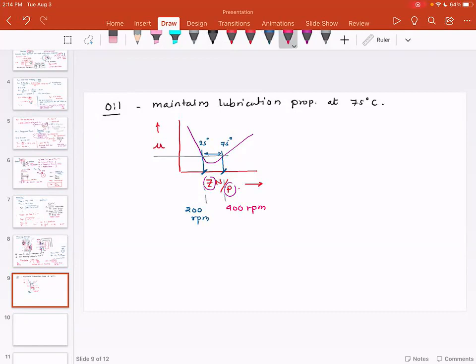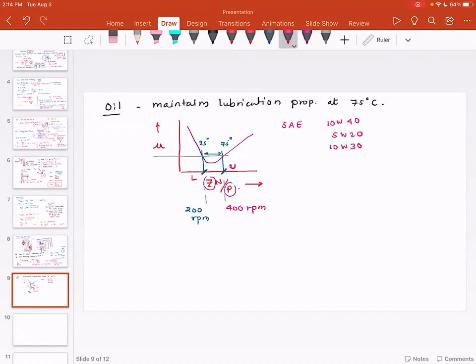It could be SAE 50, or 10W40, or 5W20, or maybe 10W30. So you want to select an oil that within these two ranges, the lower range and the upper range, the coefficient of friction is lowest.